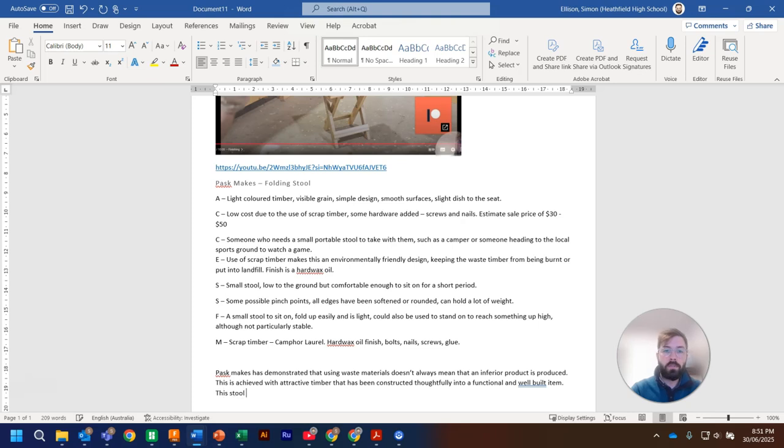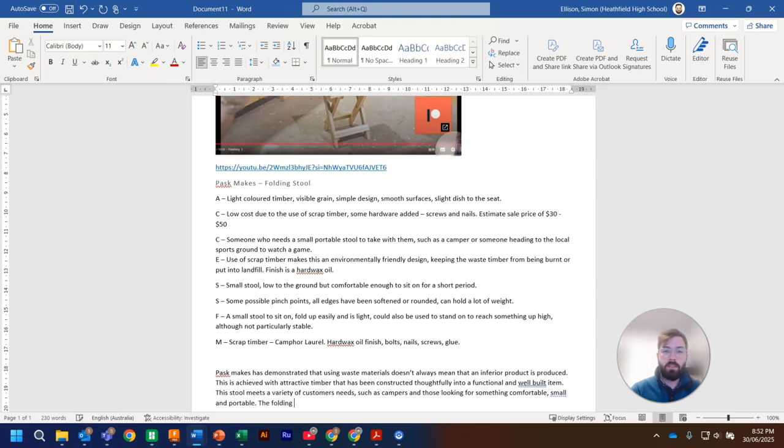This stool meets a variety of customers' needs, such as campers and those looking for something comfortable, small and portable.